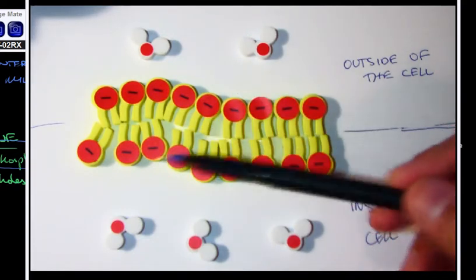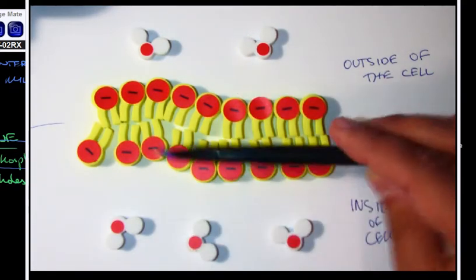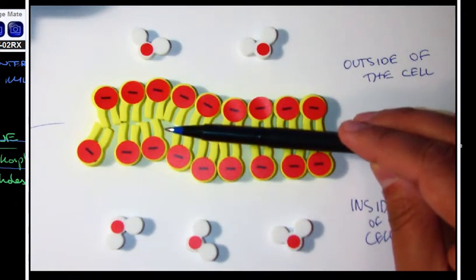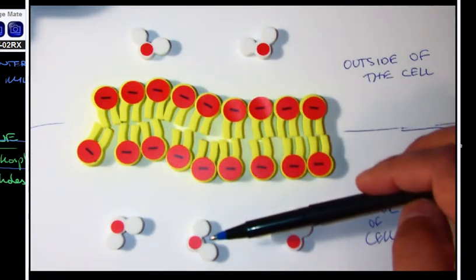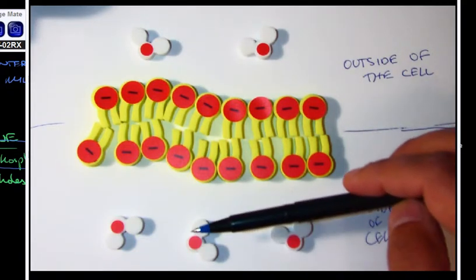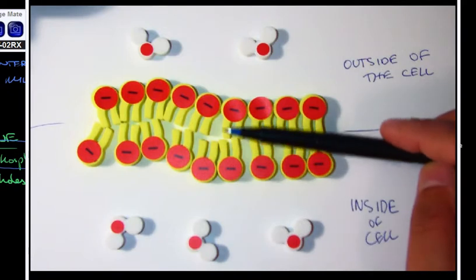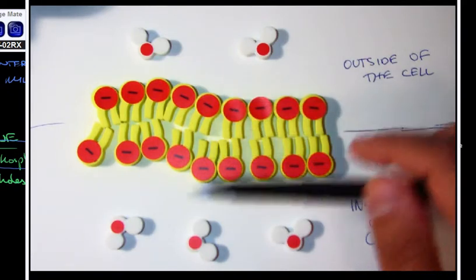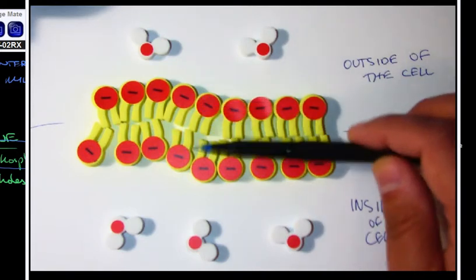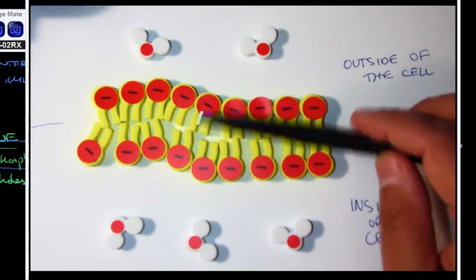But the problem is that water doesn't mix with hydrophobic things. And here in the middle of this phospholipid bilayer is a hydrophobic region. And so we know that water is small and it's polar, and because of its small size, it can actually force itself pretty quickly through and in between the phospholipids. Remember, well, I haven't mentioned this, but the phospholipids are actually not connected in any way.